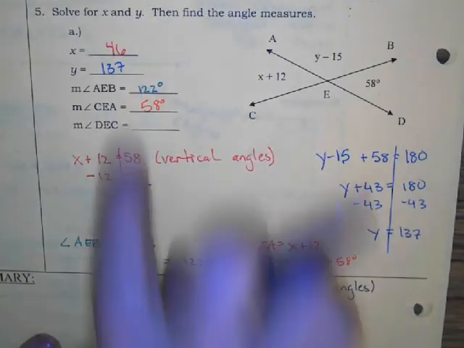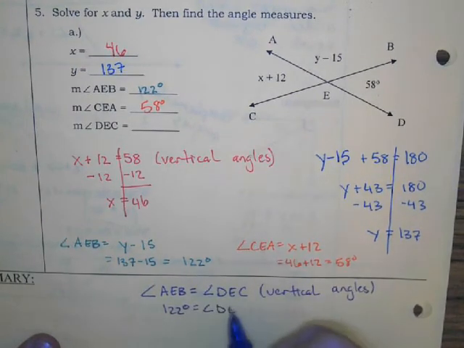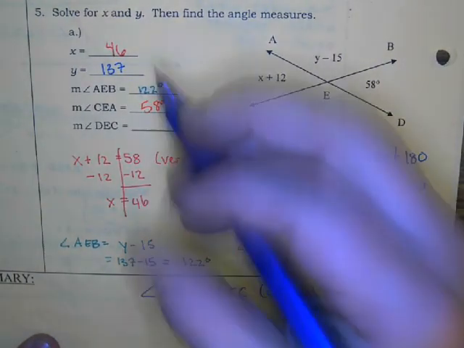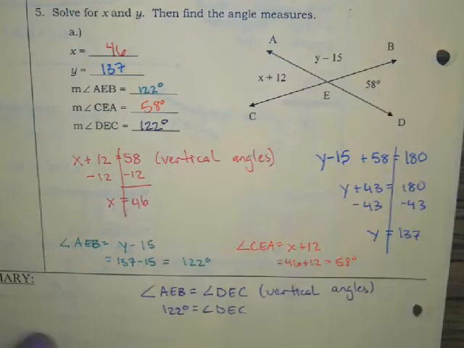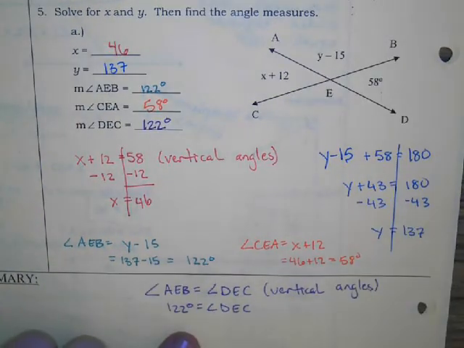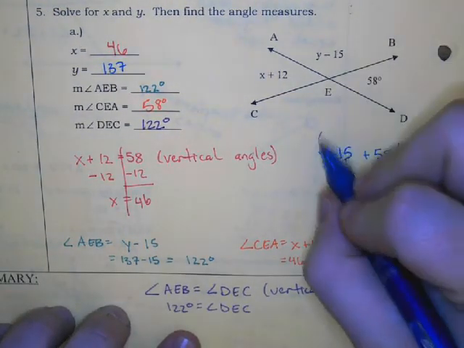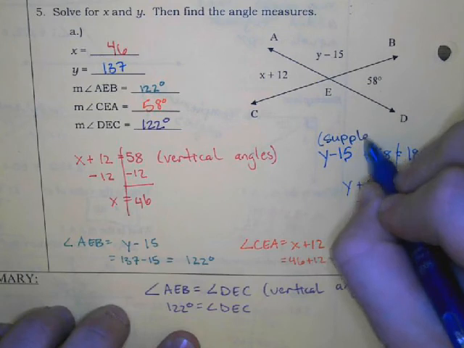So I can plug in, AEB is 122 degrees, and so that helped me find the measure of angle DEC. So we have 122 degrees. One thing I did want to write is how we put this piece together. Remember, that was because they are supplementary angles.